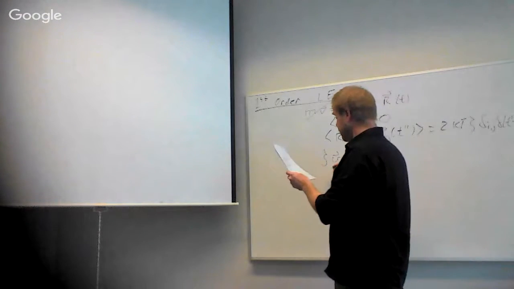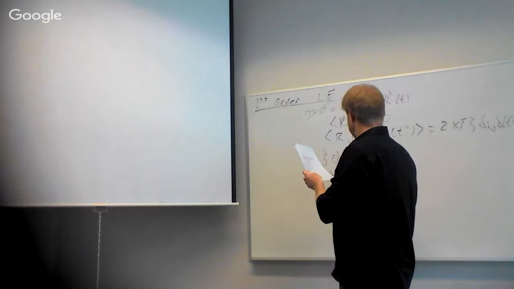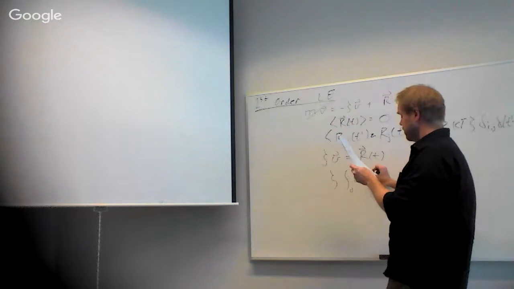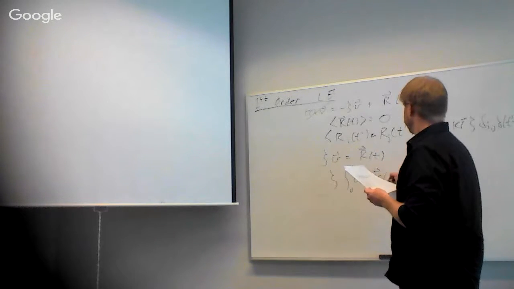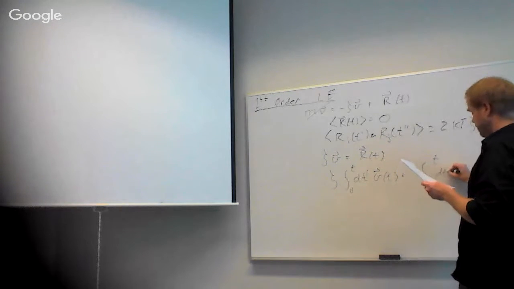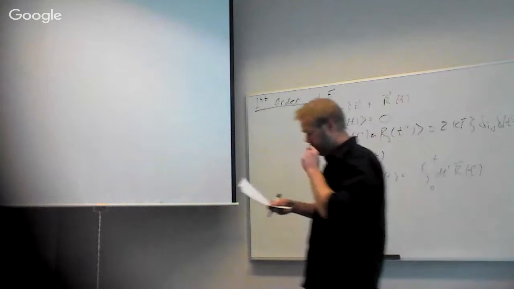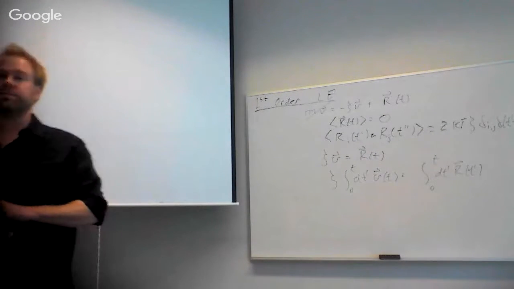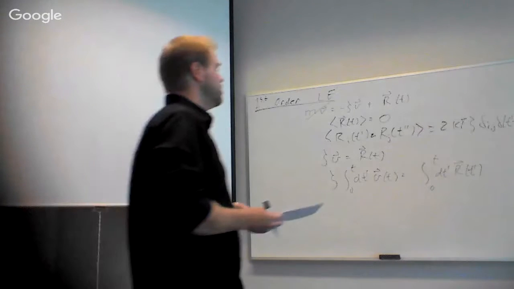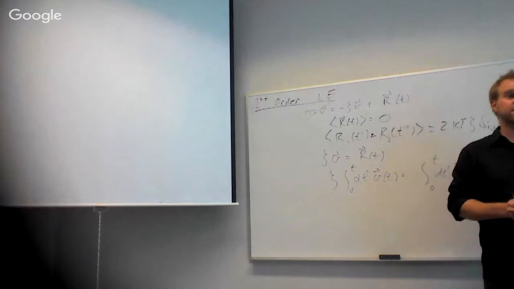And if we wanted to solve this, what could we do? We could take the integral with respect to time of both sides. But now we run into our usual problem with stochastic differential equations.